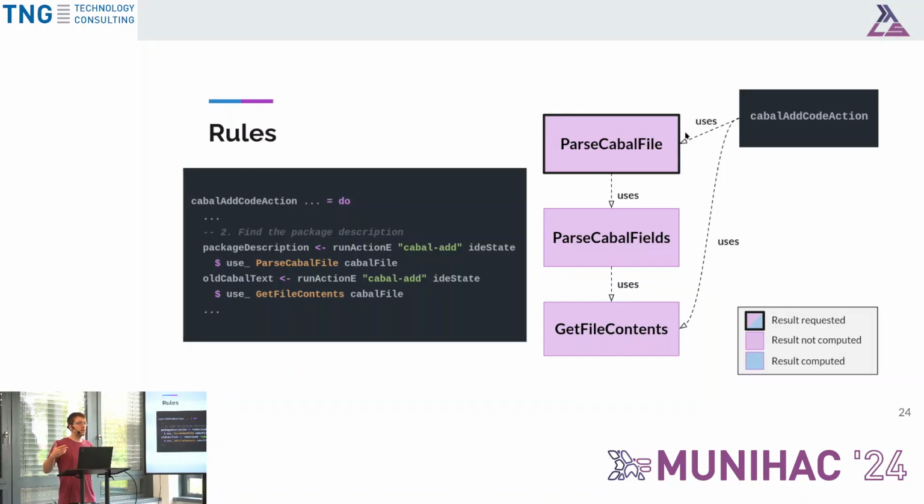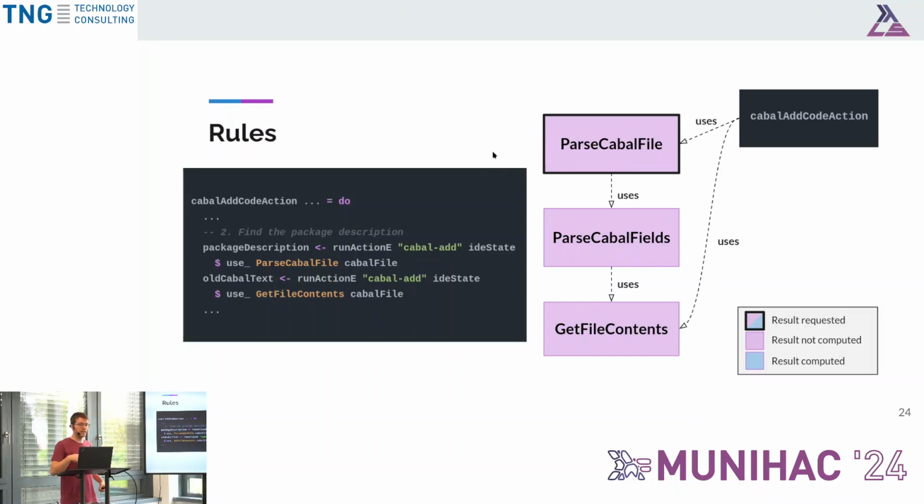In this case, the build graph has nothing computed yet, or no result has ever been computed, so we have never parsed a cabal file, nothing of the sorts. And what happens then in the first step is we are executing the first line. So we are saying, okay, I want to query the build graph and I need the result of parsing the cabal file, which is highlighted by this slightly bigger square bracket, like black borders.